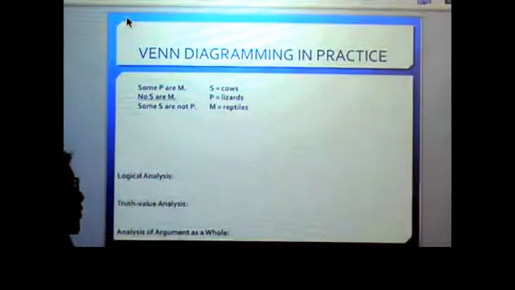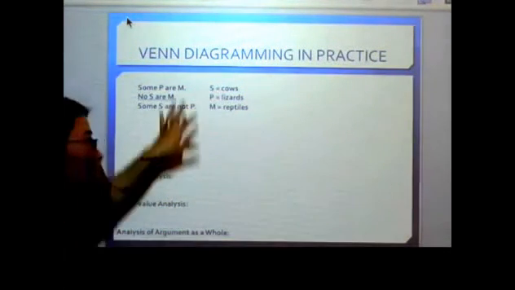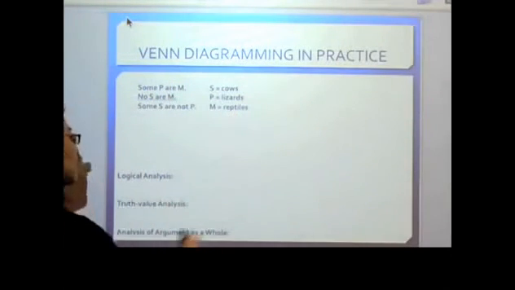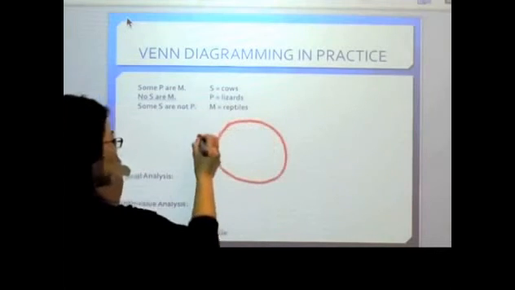So here we have another argument, okay? And we, again, reduced it down to its form, and we have a dictionary. And we're going to do 3 interlocking circles.